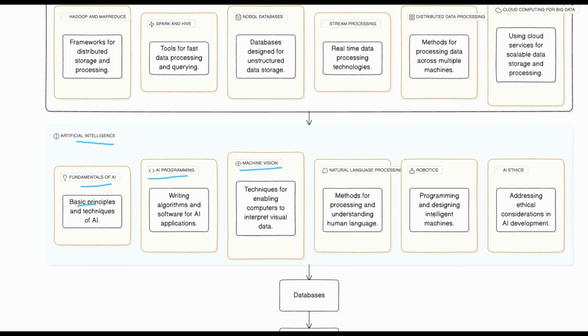There's also AI programming, writing algorithms and software for AI. There's, of course, machine vision or computer vision, techniques for enabling computers to interpret visual data. Natural language processing, which is huge in LLMs, covers methods for processing and understanding human language. There's, of course, robotics, programming and designing intelligent machines. There are various robotic applications, which is huge in the field of AI.